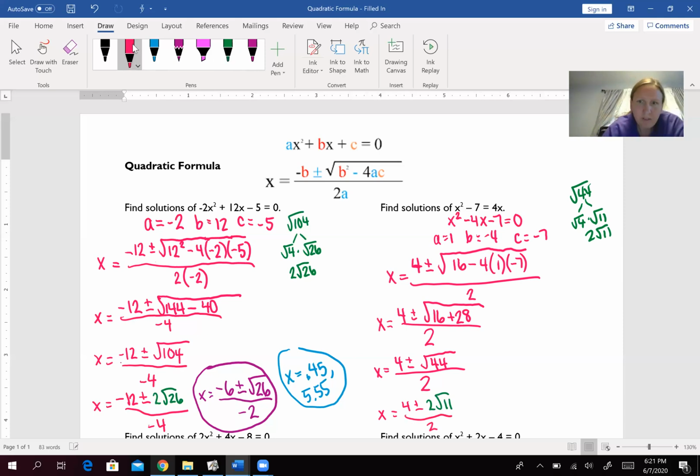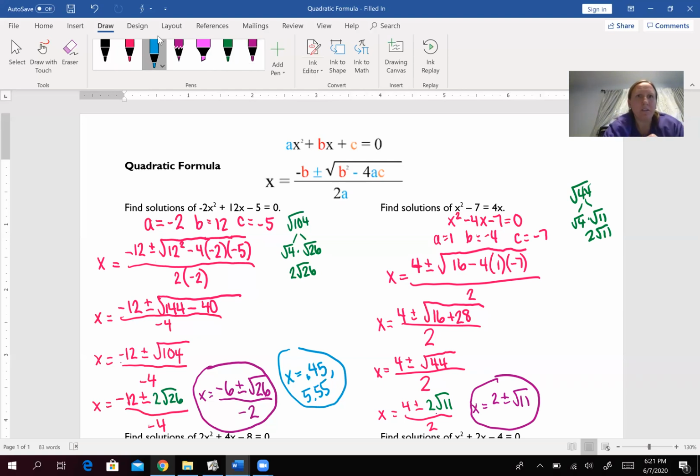over 2. And now we can simplify this. Divide 4, the 2, and the 2 by 2. So we get x equals 2 plus or minus root 11, and technically over 1, so it would just be that.